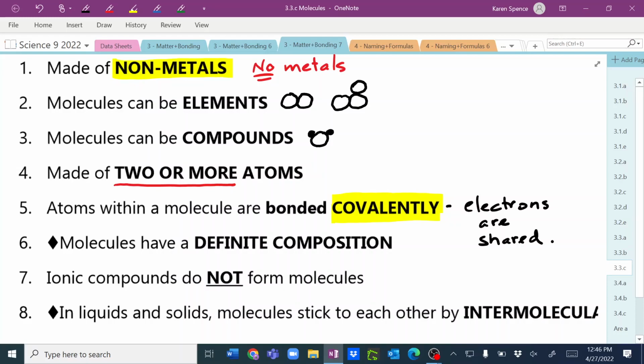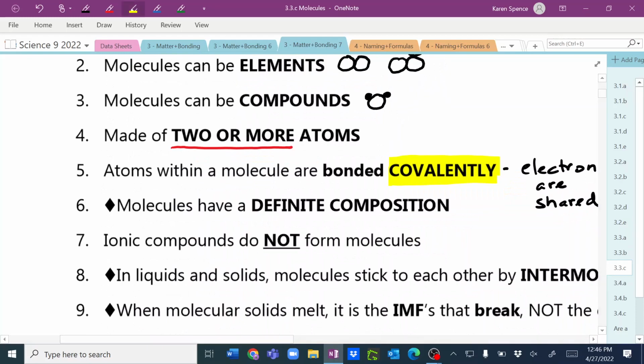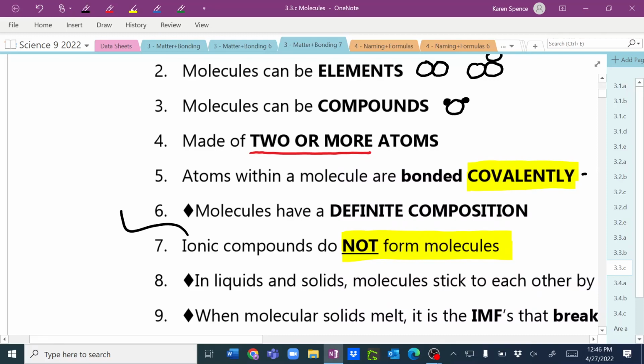Ionic compounds do not form molecules. Why not? What do ionic compounds contain? They contain metals. What do the ionic compounds do with their electrons?